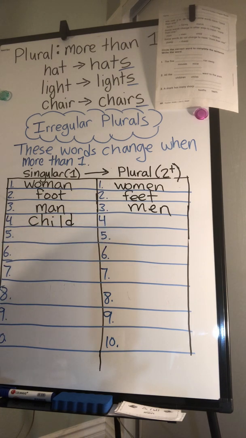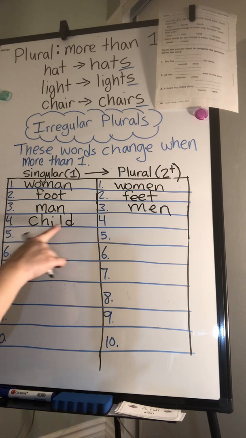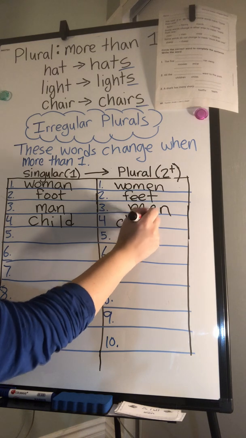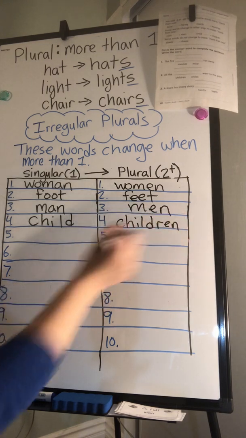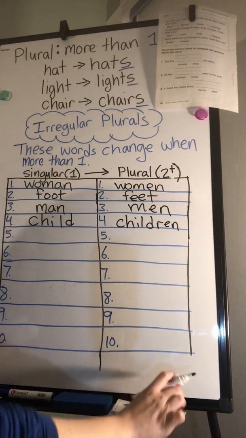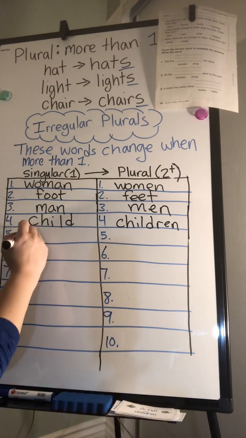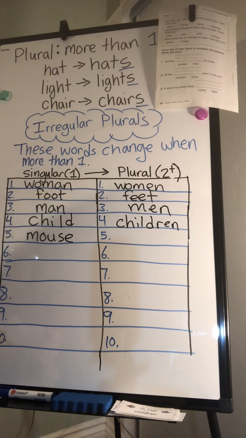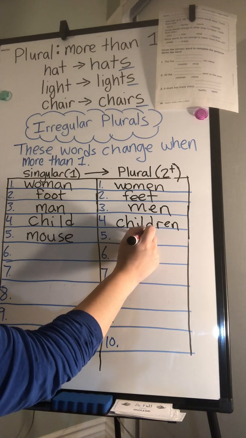Two childs? One child, two children. If you said it right, give yourself a point. One child, two children. Mouse. One mouse. Two mouses? No, two mice.